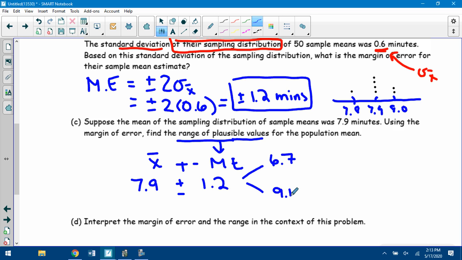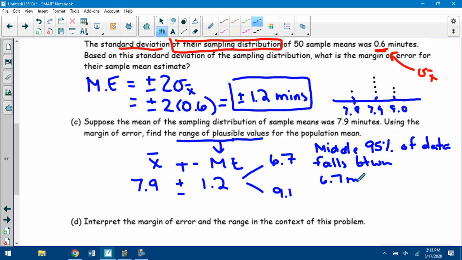So what this means is that the middle 95% of data falls between 6.7 minutes and 9.1 minutes.